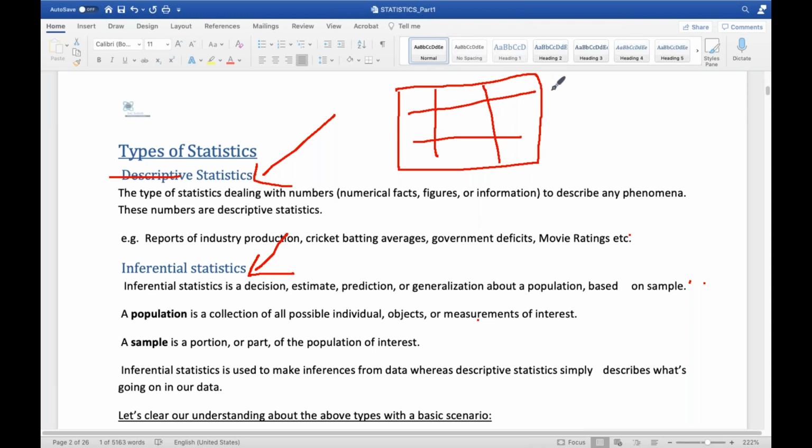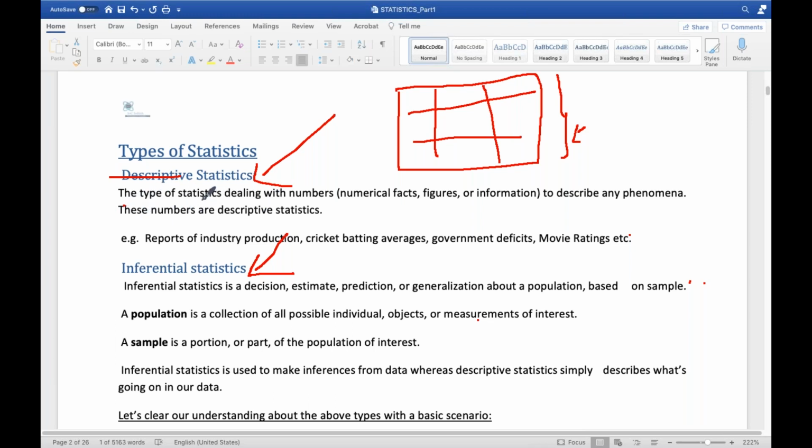For example, Kohli has been playing very well for the last 10 years, and Bumrah has been bowling very well for the last 5 years. That kind of description, that kind of summarization, we can give with descriptive statistics.